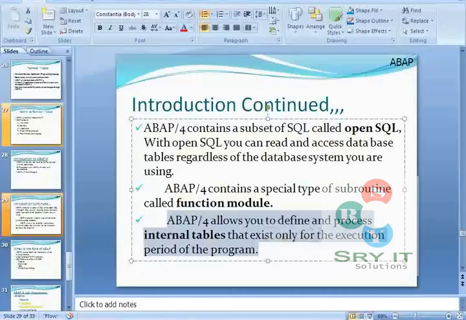Got it now? Anju, you also say yes or no. Anjum? Anju. Hey, wait a minute, let me check if he's online. He's there, I think he's put himself on mute.